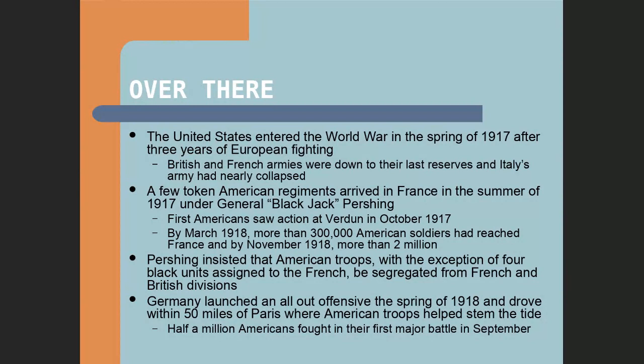All right. Pershing insisted that the American troops, except for the black units, be segregated from those British and French divisions and serve under the command of American generals. We did by this time have learned our lesson from the Civil War, and we were a little bit more adept at shaping our strategy to fit the technologies.